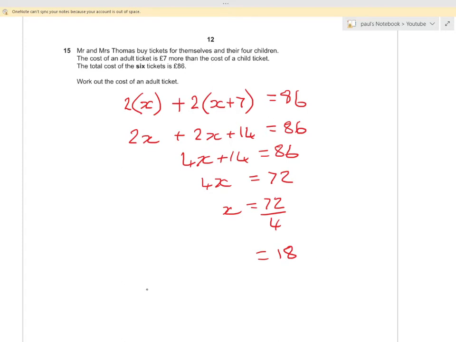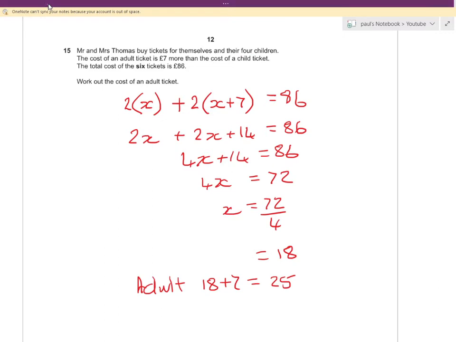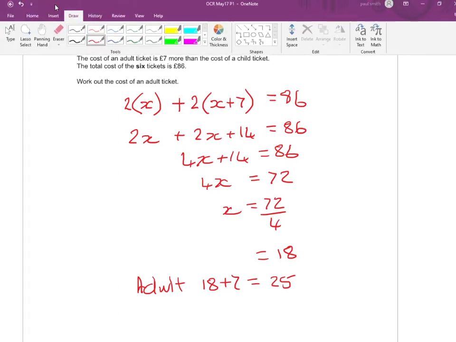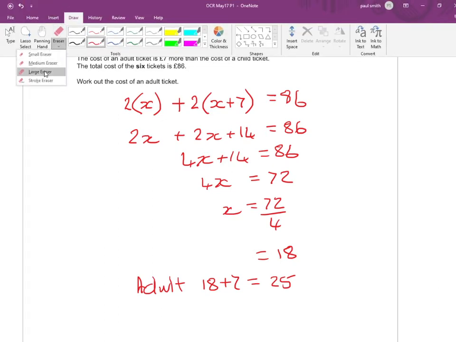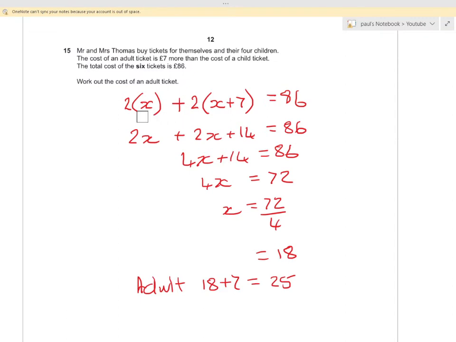So an adult is 18 plus 7, which equals 25. Oh, 25. Let's have a look. They've got 4 children. Ah, of course. 4 children. So that should be, yeah, so they've got 4 children.